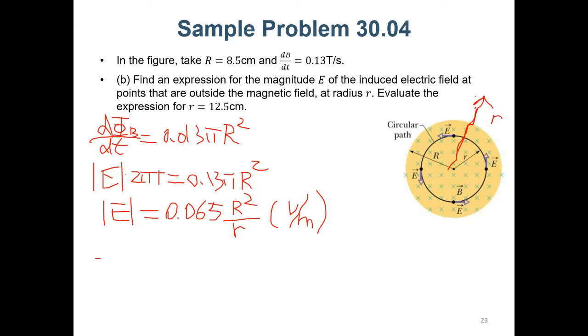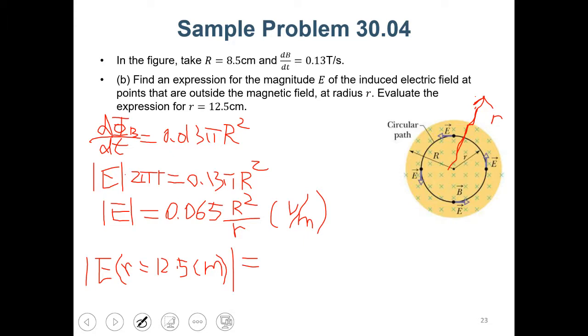So for E at r equals 12.5 centimeters, it will be 0.065 times 0.085 squared over 0.125.